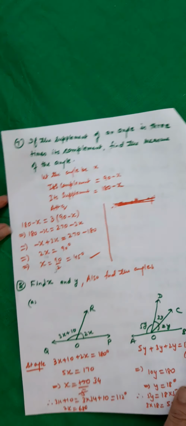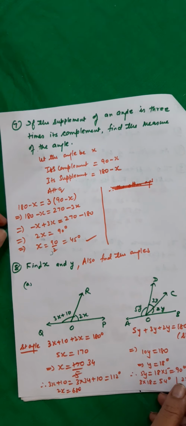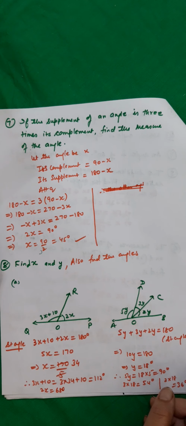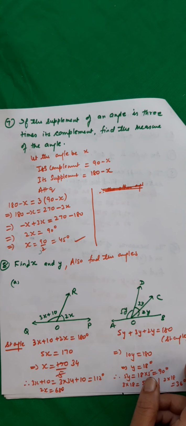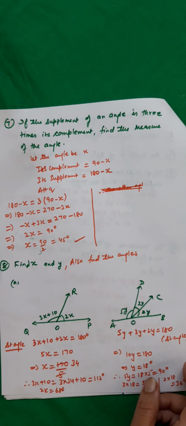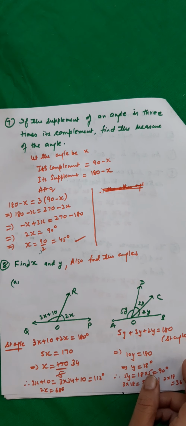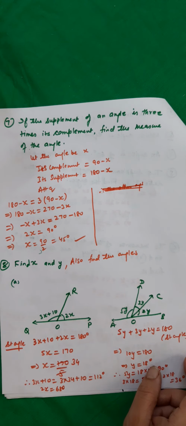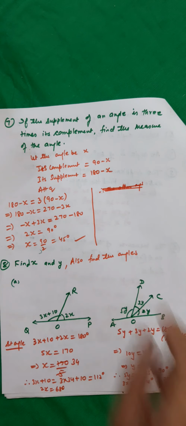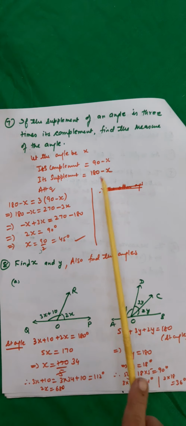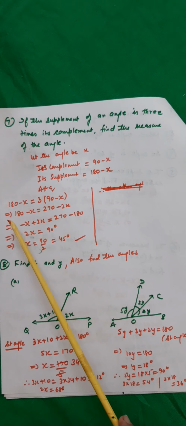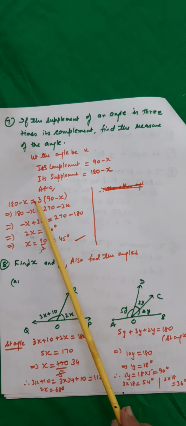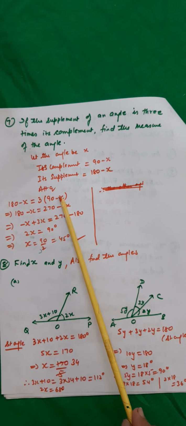Question number 7. If the supplement of an angle is 3 times its complement, find the measure of the angle. Let the angle be x. Its complement would be 90 minus x and its supplement would be 180 minus x. Now according to the question, the supplement is equal to 3 times the complement.